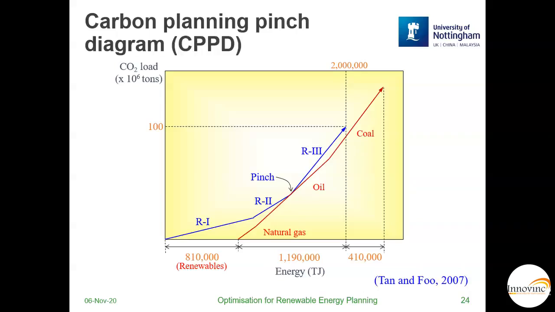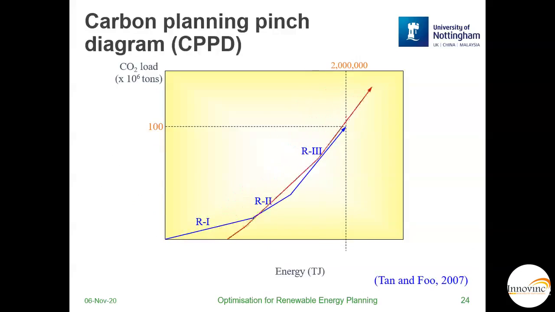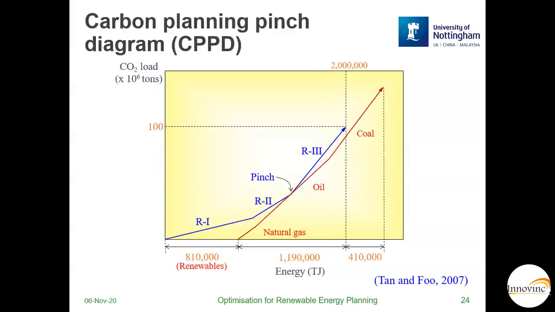Even though we have 600,000 terajoules of coal, we do not need to utilize all of it, because 410,000 terajoules of energy is to be removed. It should be phased off in order to keep the CO2 emission constraints within these three regions, and we need to use 810,000 terajoules of renewables. The blue line always represents the limits that we can tolerate in terms of CO2.